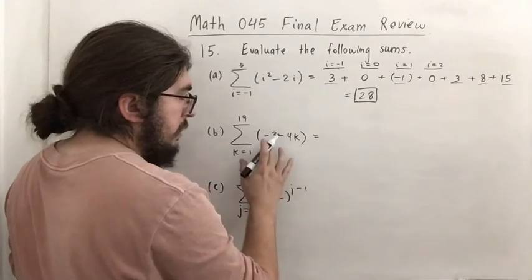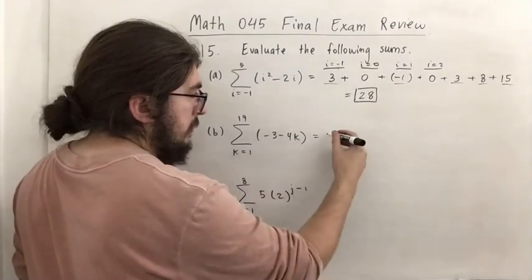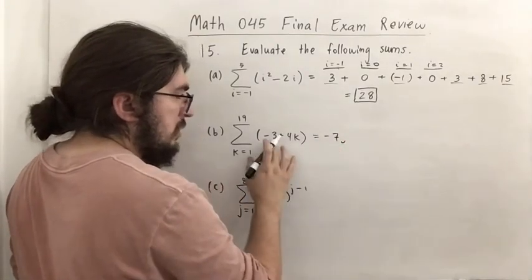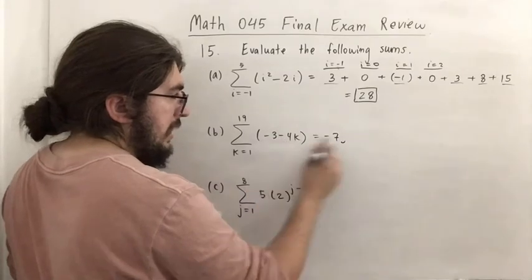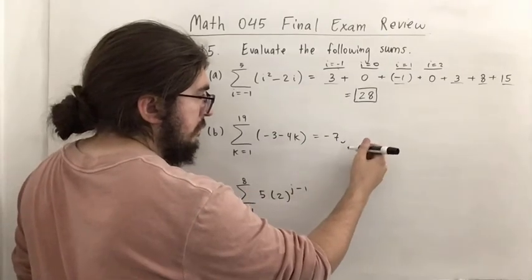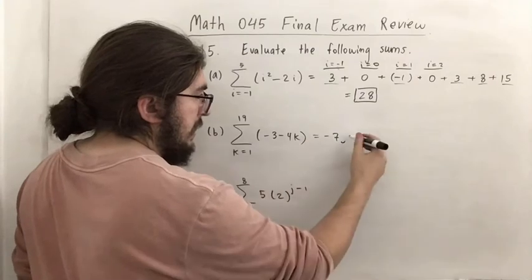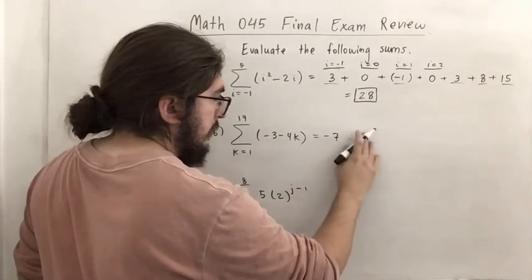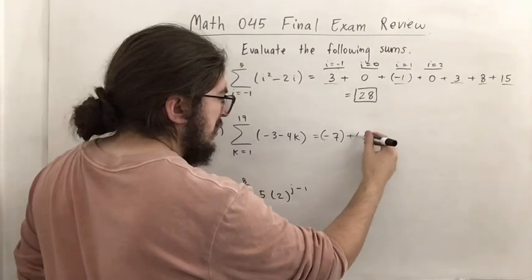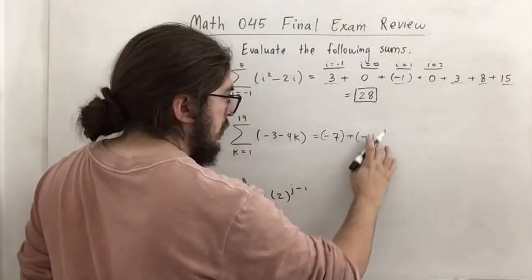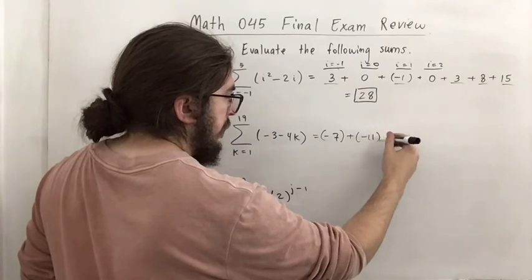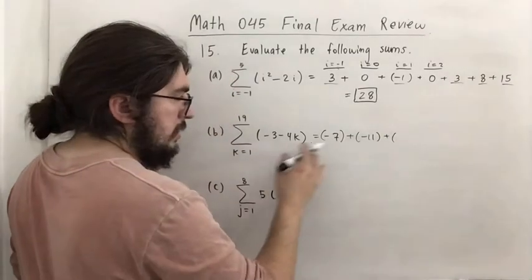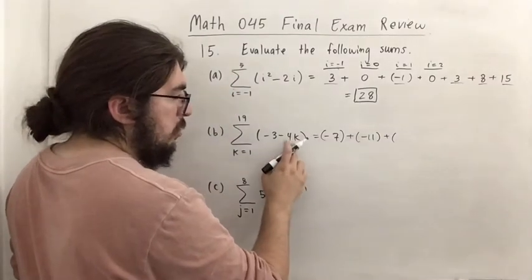So when k is 1, you get negative 3 minus 4 times 1, that's negative 7. When k is equal to 2, that's negative 3 minus 8, that's negative 11. And I should write a plus in between these, not commas, sorry. So it's negative 7 plus negative 11, plus, when you plug in 3, that's 12.